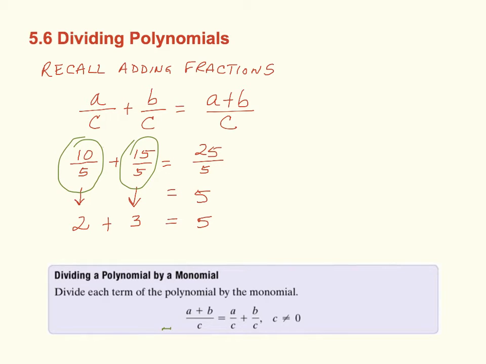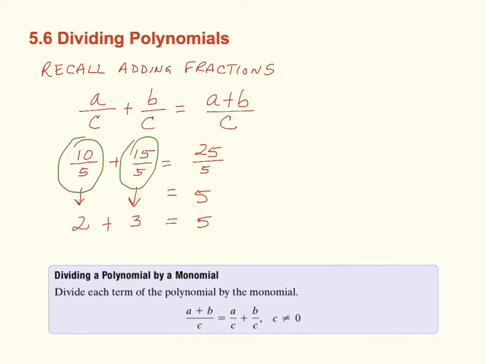Notice here at the bottom in the definition box, a plus b over c, we break it up into a over c plus b over c. So all we're doing is working backwards. We're breaking it up.